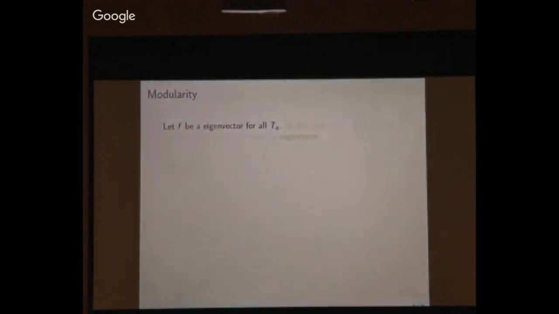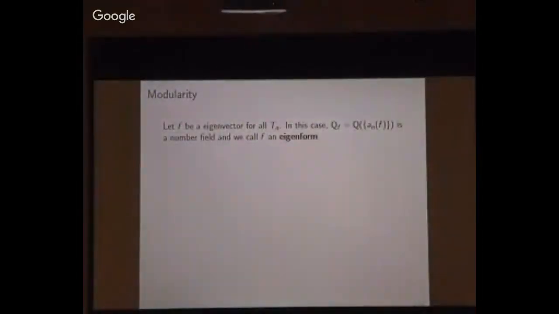In this case, if we take the rational numbers and we add to it all the Fourier coefficients of f, one can show that the field that we obtain is actually a number field. So these numbers, which a priori are complex numbers, are actually algebraic numbers. And all together they give us a field which is a finite extension of the rationals. Such a form we call an eigenform.